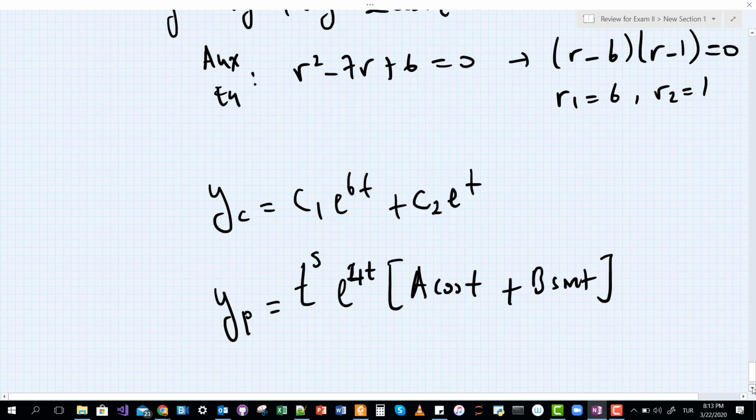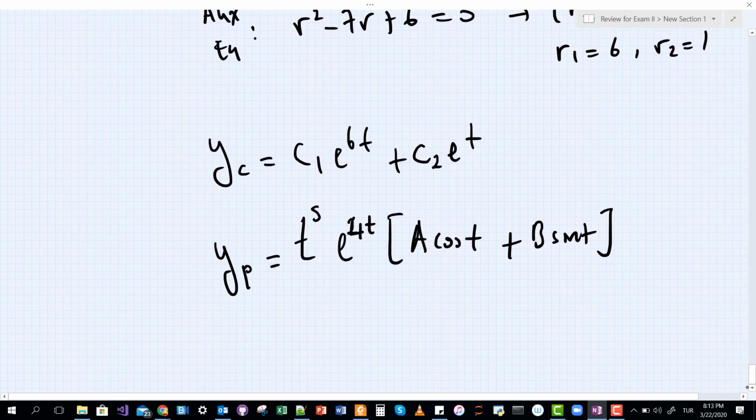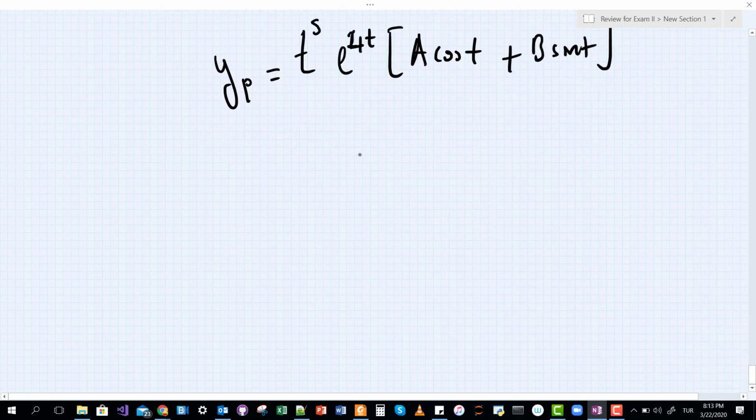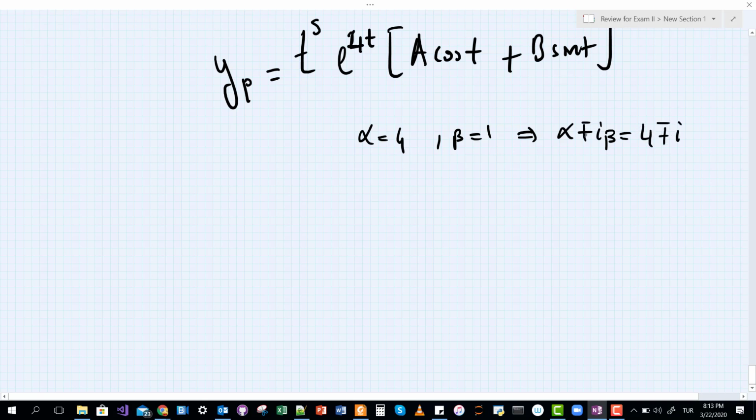How? First of all, since I have e to the 4t times cosine beta t, my alpha is equal to 4, and my beta is equal to 1. That is why alpha plus or minus i beta is going to be equal to 4 plus or minus i. As you see, these are not equal to any of the auxiliary equation roots.